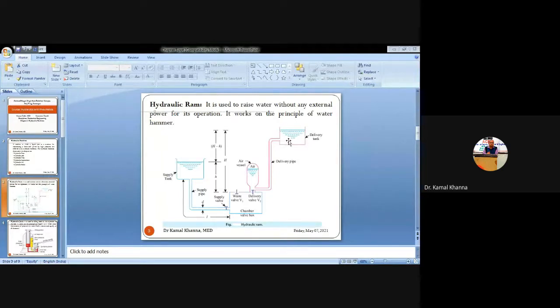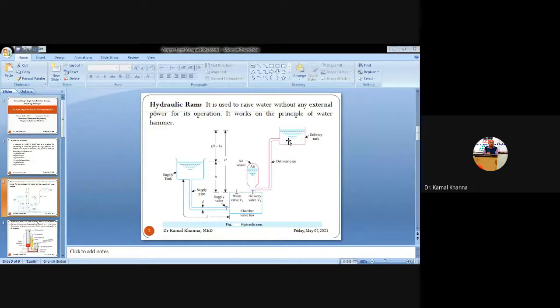I am again repeating it. As soon as you open the supply valve, the whole of the water enters the chamber valve box. As soon as the chamber valve box is completely filled with water, the waste valve will be closed, and at the same time the delivery valve will open. And whenever the delivery valve opens, the water will enter the air vessel.